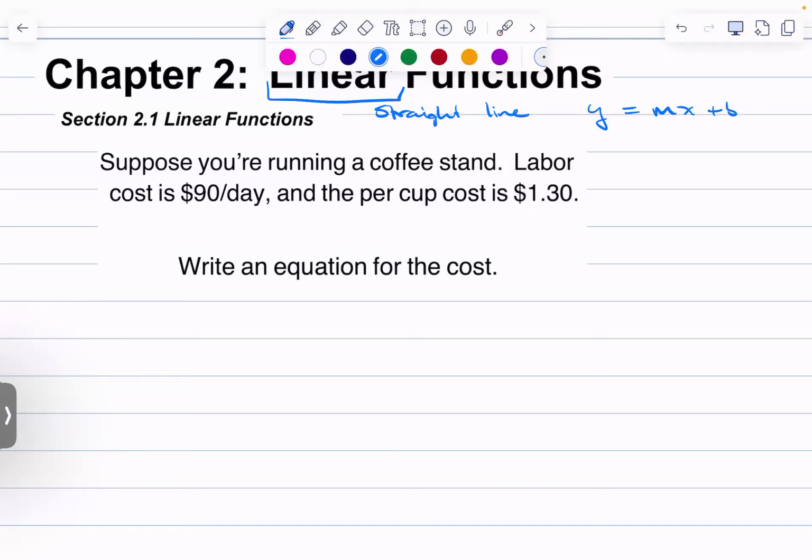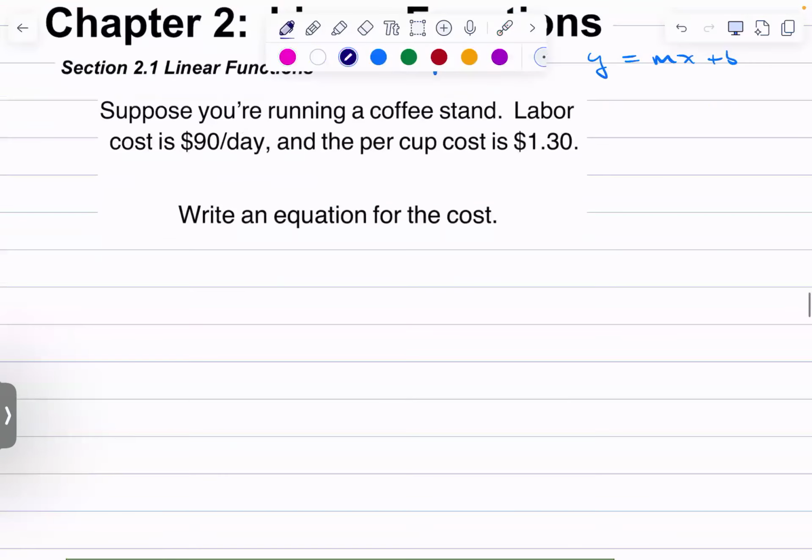So the cost must be our labor, I'll spell it with a U because I find that kind of painful, plus the per cup cost times the number of cups. Usually you sell more than one cup, right? But each cup has a cost. And so the per cup cost times the number of cups.